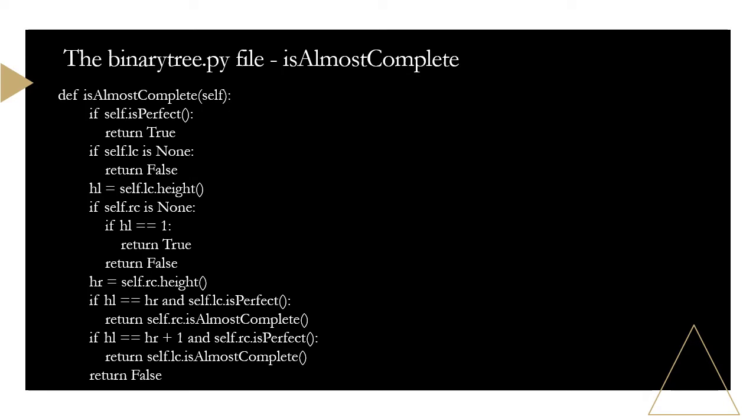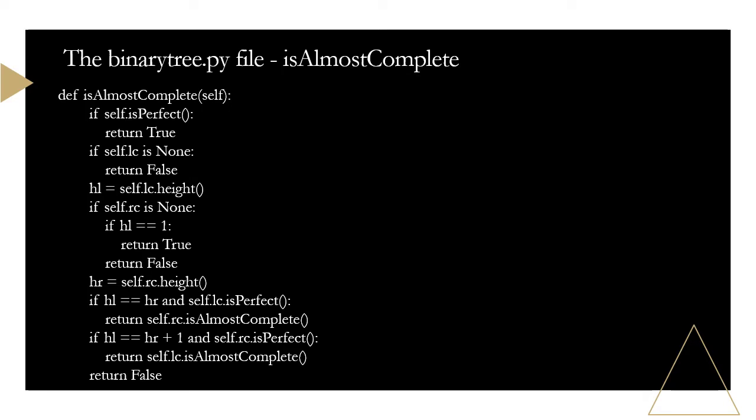But if this condition is not met, this means there is a left child. And if a left child exists, we call the height function. This gives us the height of the left subtree. And we place this height of the left subtree in HL.